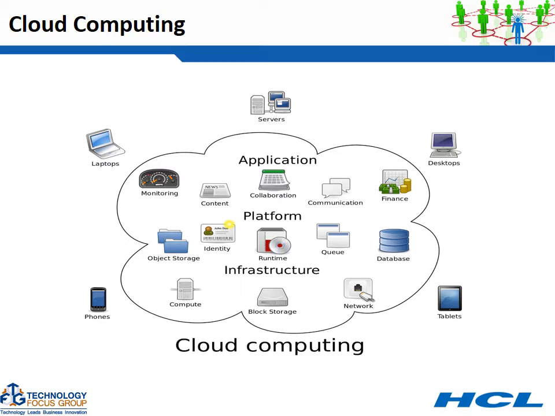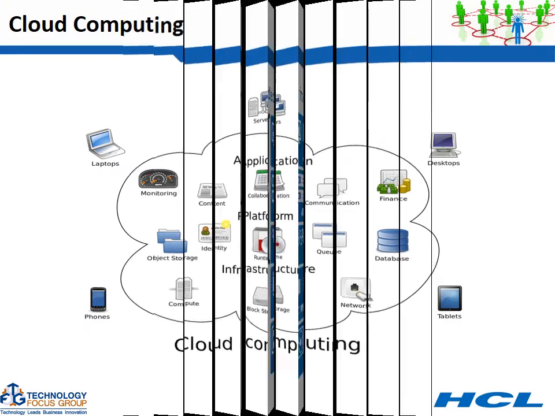And the application area is the software that a common end user uses for his work, which we earlier installed and ran on our own system. All these resources are in the cloud, or we can say the internet, and we can connect to them through various kinds of devices, which can be smartphones, laptops, servers, desktops, and tablets.